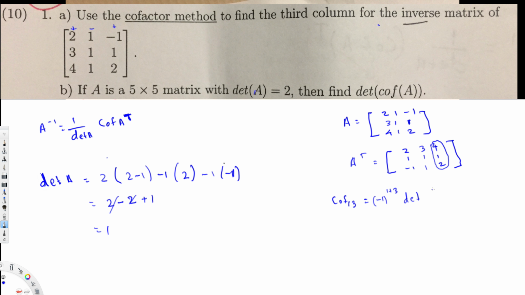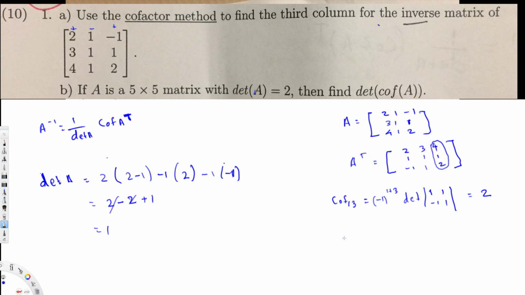Let's list them first. So 1, 1, minus 1, 1, which is going to be equal to 1 times 1 is 1, minus 1 times 1 is minus 1. So 1 minus minus 1 is going to be plus 2. Since the power is an even number, it's going to be a positive 1. So it's going to be just 2.